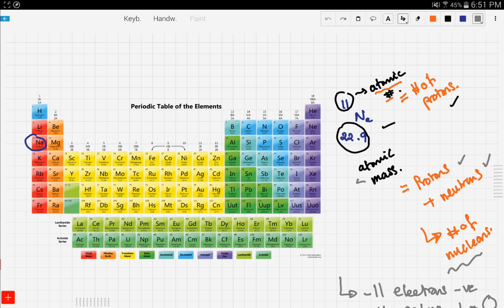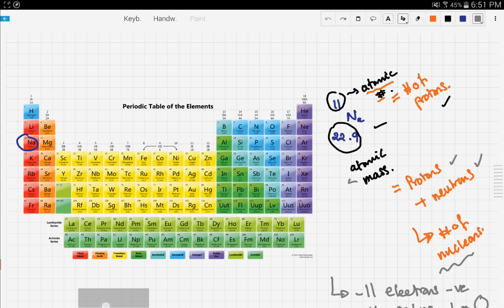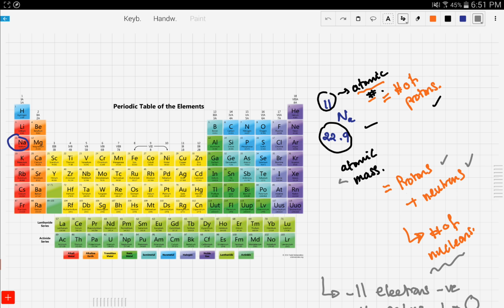We picked a random element, sodium, which has an atomic number of 11, meaning the number of protons, and an atomic mass of 22.9, which is the number of protons plus the number of neutrons.